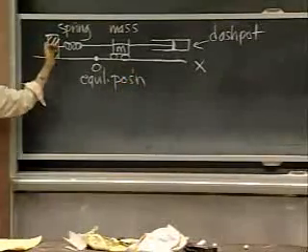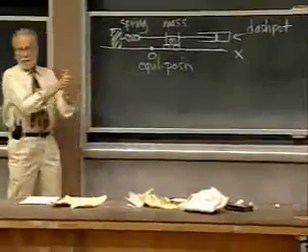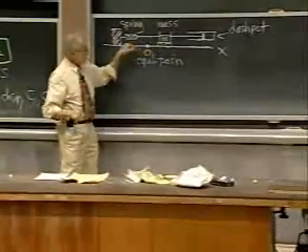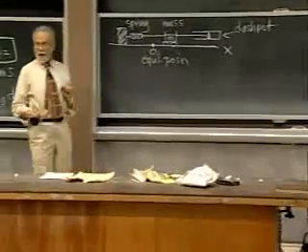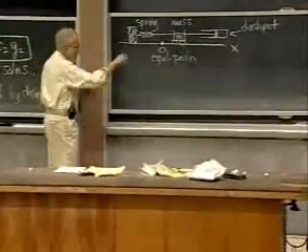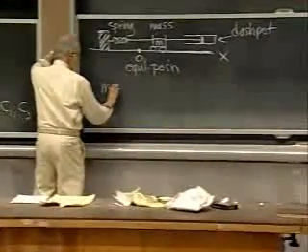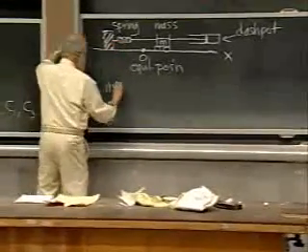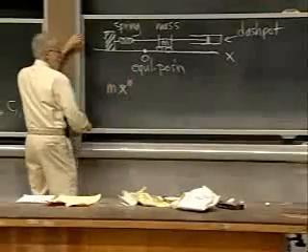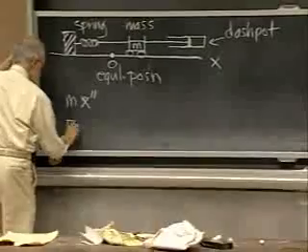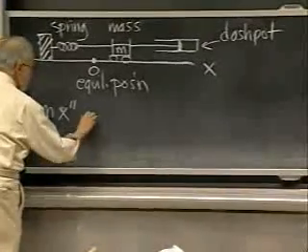When you depart from that position, if you go that way, the spring tries to pull the mass back. If it goes on this side, the spring tries to push the mass away. The dashpot, meanwhile, is doing its thing. And so the force is mx double prime. That's by Newton's law. The force comes from where?